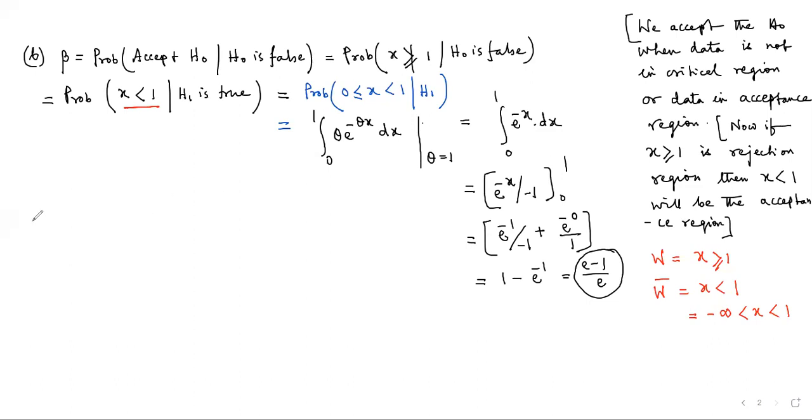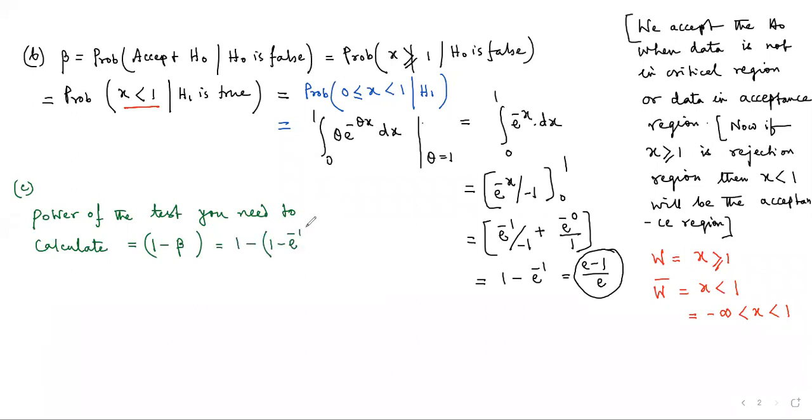So to calculate the power of the test, part C, you need to calculate this quantity, 1 minus beta. So this will be 1 minus e to the power minus 1, which is 1 minus 1 by e. That is the power of the test.